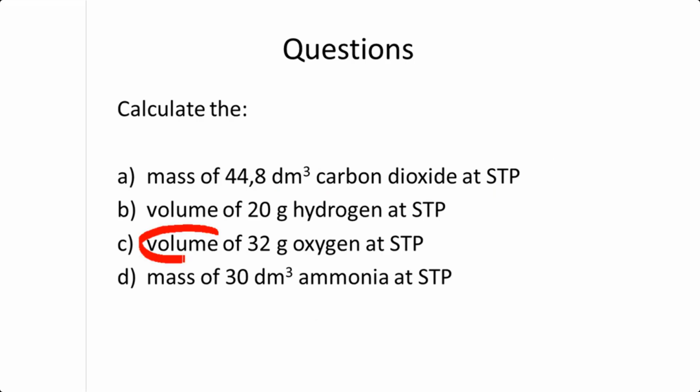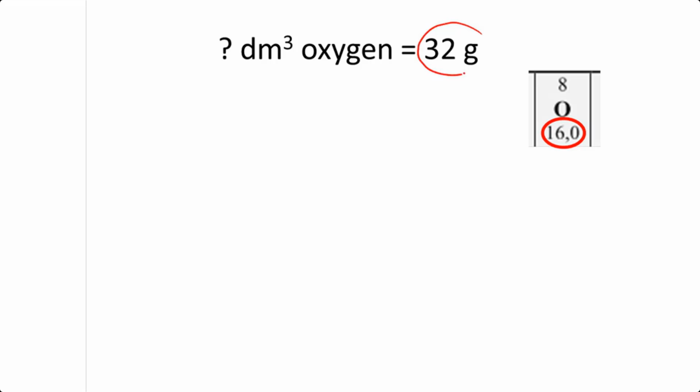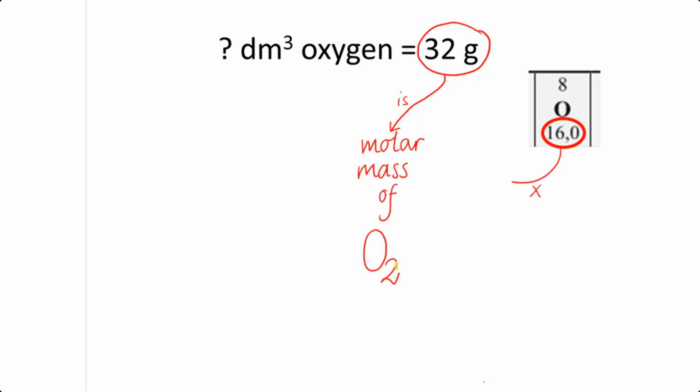What volume of oxygen gas has a mass of 32 grams? Can you see that this is actually a very easy question? Because 32 grams is the molar mass of oxygen gas. Remember, oxygen gas is not formula O, it's O2. Oxygen gas must be the molecule, and the molecule form of oxygen has a molar mass 2 times 16, 32 grams per mole.